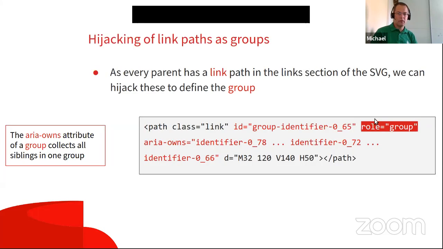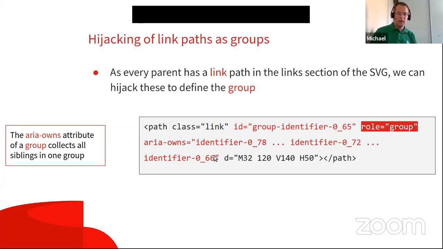So we have this link element, and it got the role group assigned, the ARIA role, and with the information ARIA owns, we could add a list of identifiers that are the children of this group.